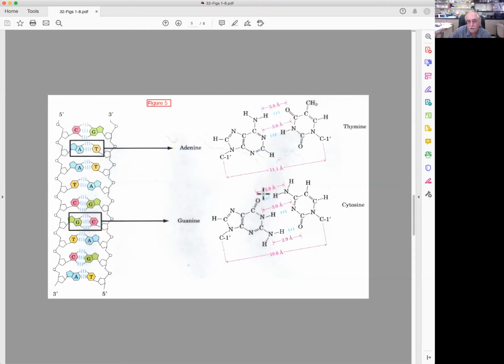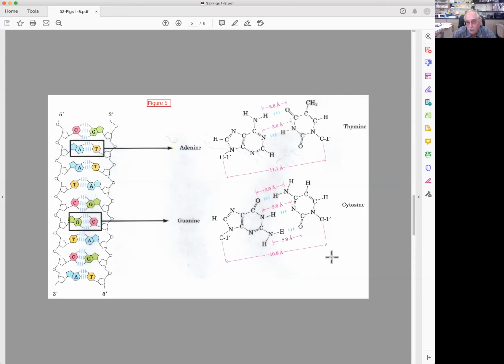Notice also that you have a big ring across from a small ring in both cases. What that means, if you had two big rings across from each other, they'd be crowding. If you had two small rings across from each other, they wouldn't reach.